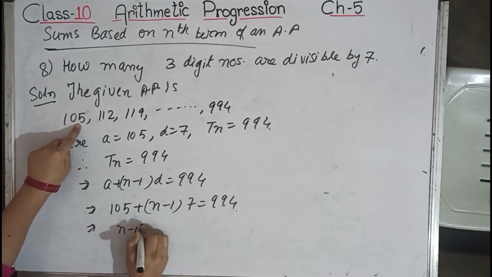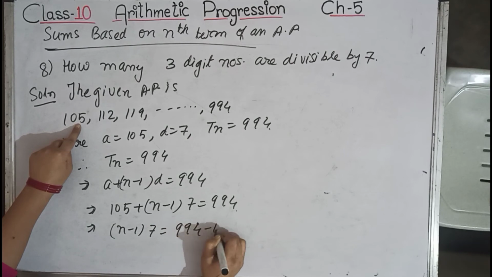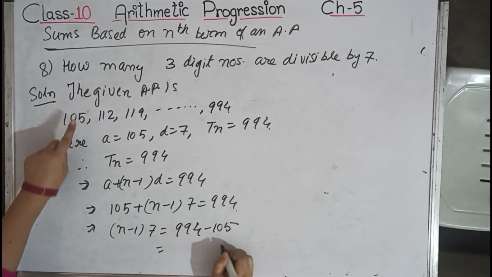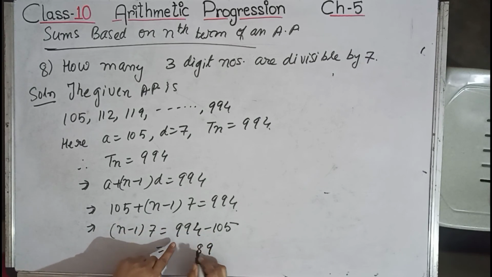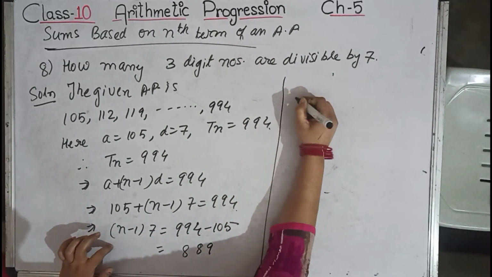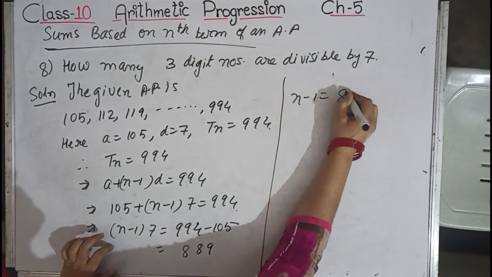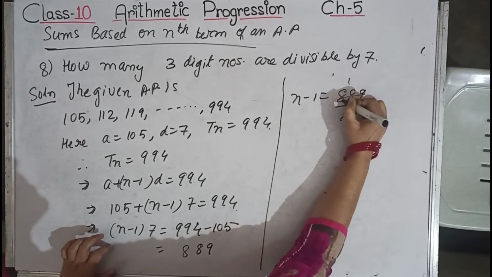This implies (n minus 1) into 7 equals 994 minus of 105. So this will be equals to 889. Therefore n minus 1 will be equals to 889 by 7. 7 1 ja.